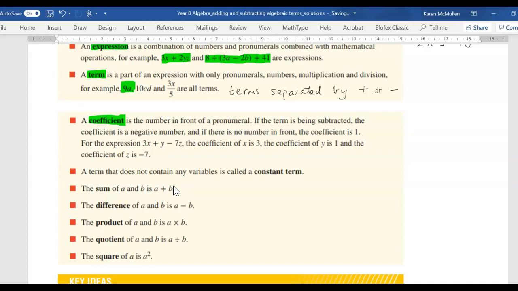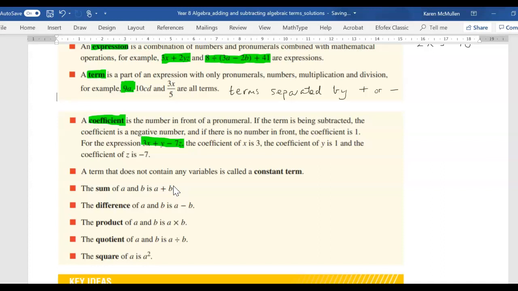For example, for this expression, 3x plus y minus 7z, the coefficient of x is 3. The coefficient of y is 1, so when there's no number written there, it's just implied as being 1. If it helps when you're learning, you can put the 1 there, but eventually you won't. And the coefficient of z is negative 7, so the minus sign is attached to that term.